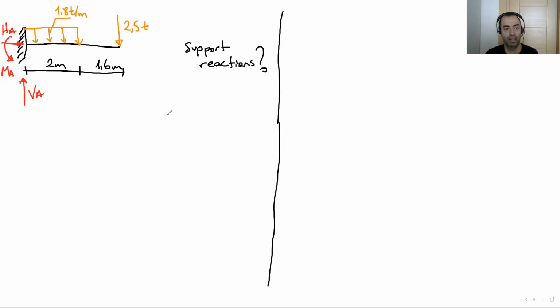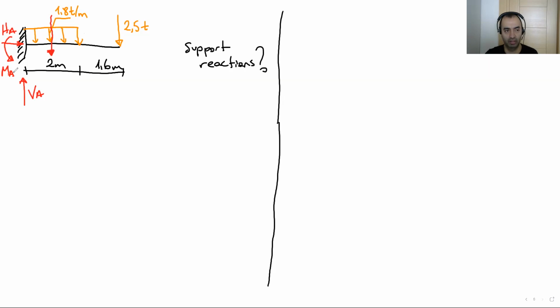In the next step, we are going to take a look at loads. Is there any distributed load on the structural system? Of course, we have a uniform distributed load. We have to convert it to a concentrated load. If we have a uniform distributed load, how do we convert it to a point load? The concentrated load will be at the midpoint of this one.